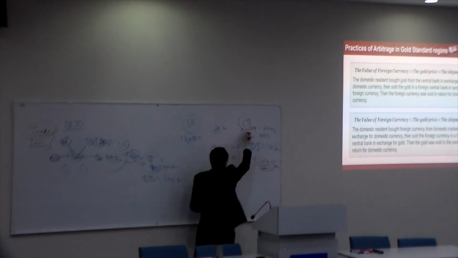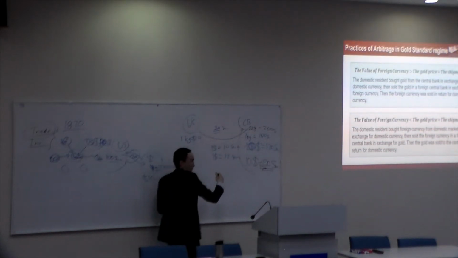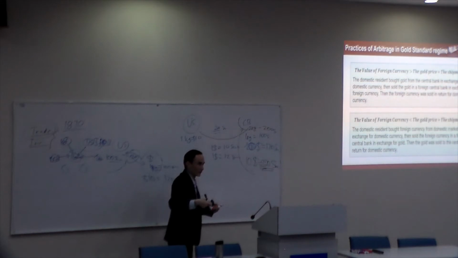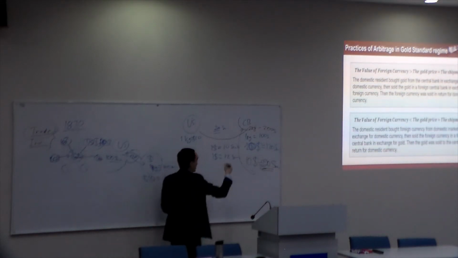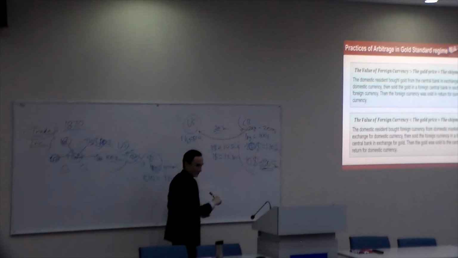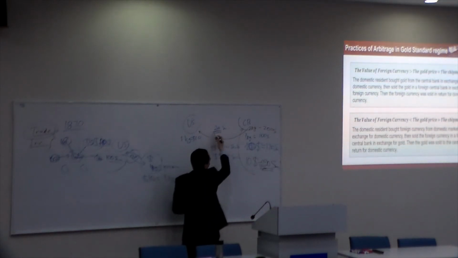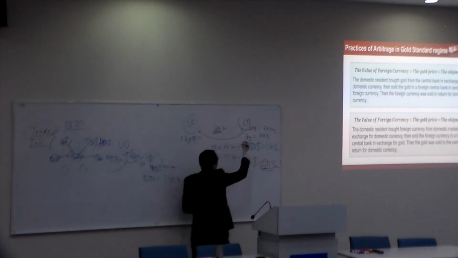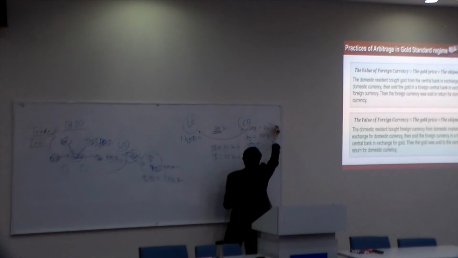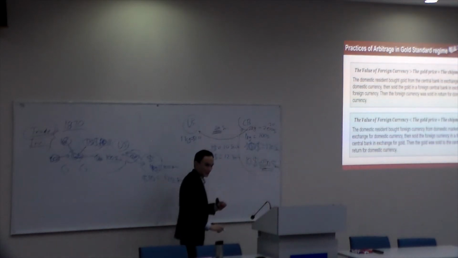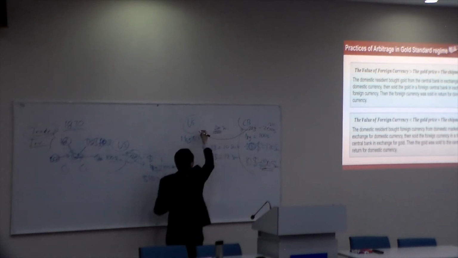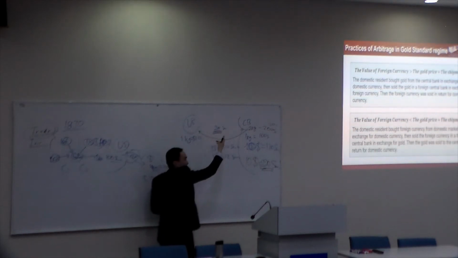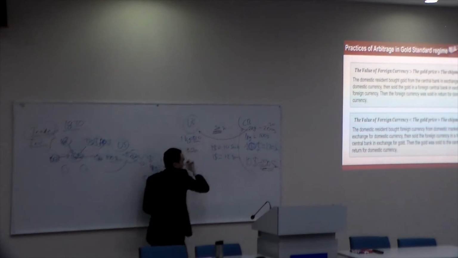Of course, they will not take only 2 kilograms, but let's suppose they take 2 kilograms to the United States, where the transportation cost is 20 soon. So the total cost is going to be 220. They will bring it and exchange that 2 kilograms of gold for $20.